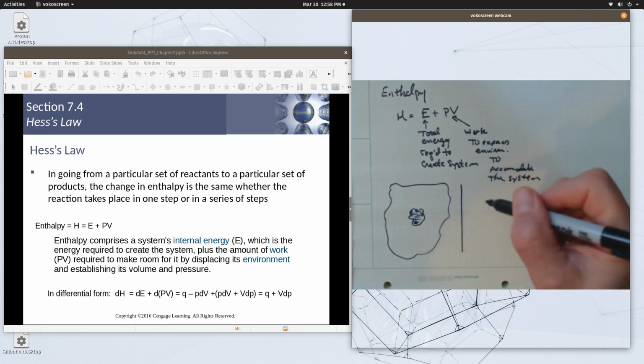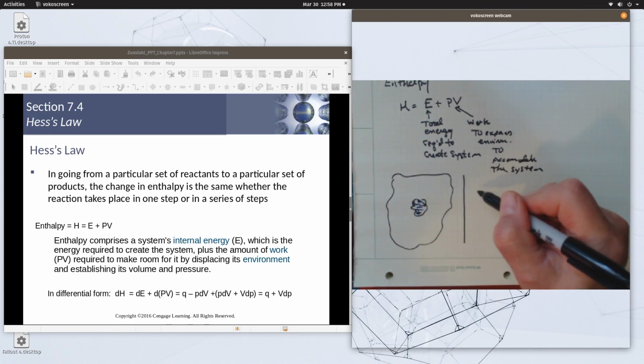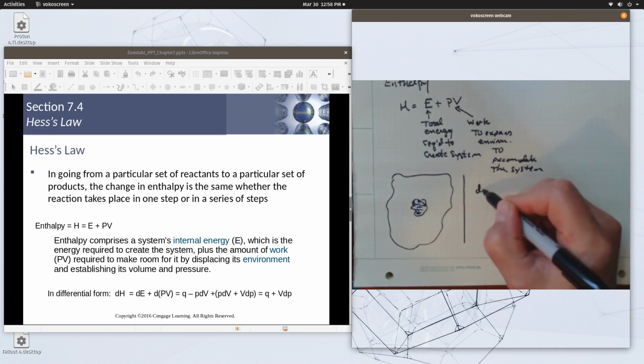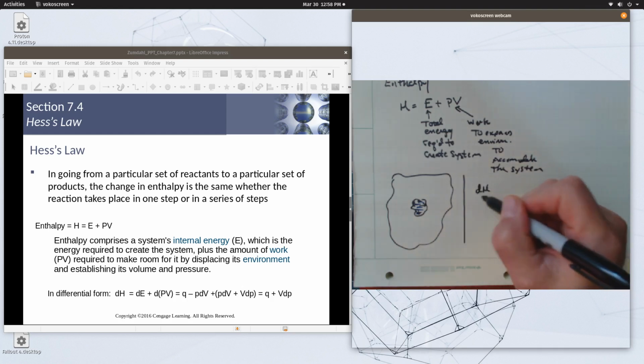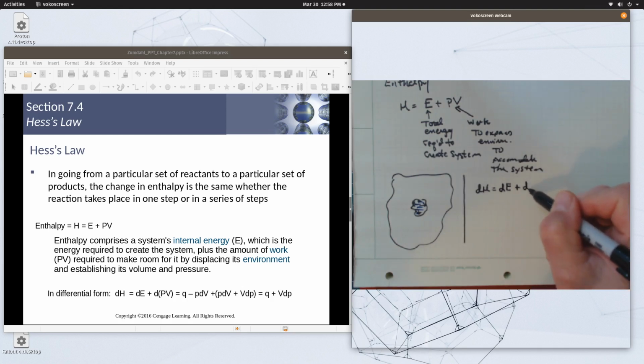So again, we'll denote this as a total differential, dH, which is the infinitesimal change in the enthalpy, as dE plus d(PV).